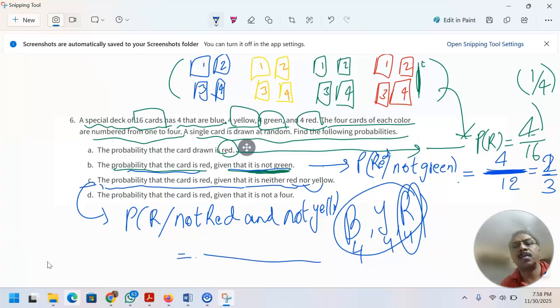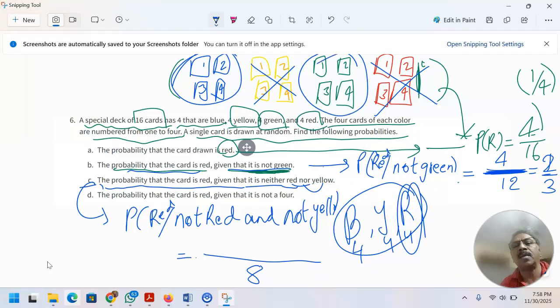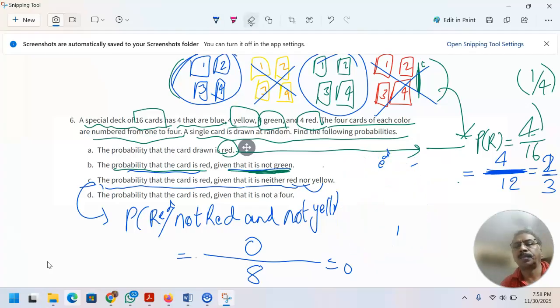That means 4 green and 4 blue. So that will be 8 here. And from this, whichever cards you see, blue and green, how many are red? You can see you have no red. So it's 0. So this answer is 0. And the last question is, let me see here.